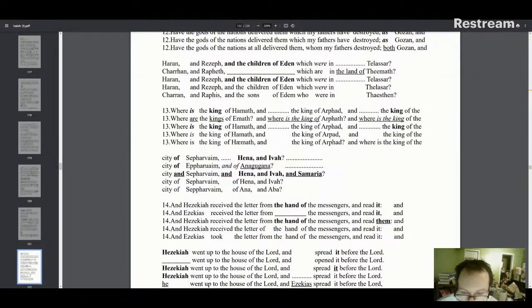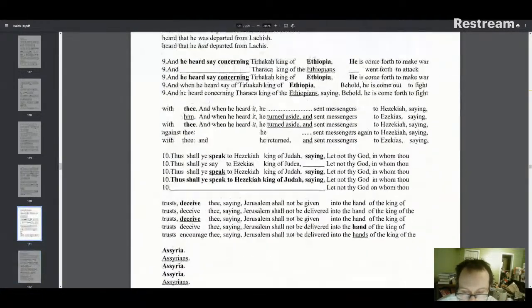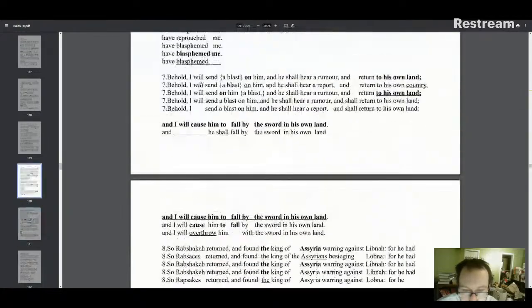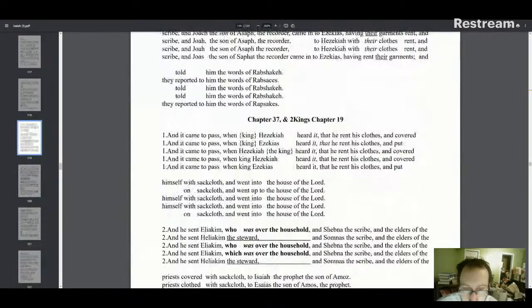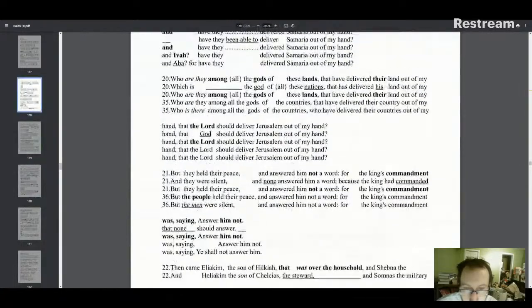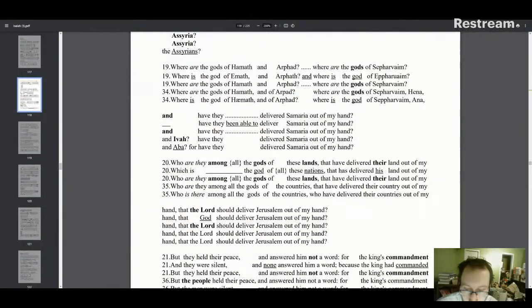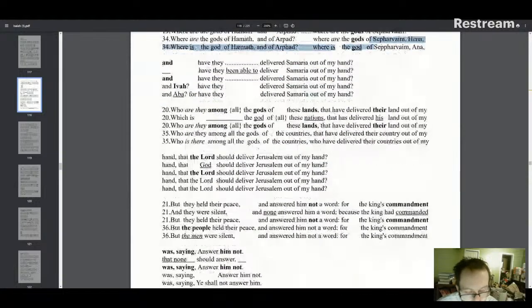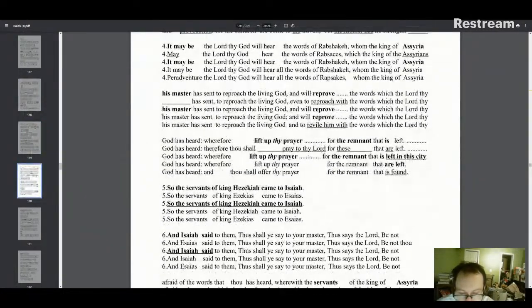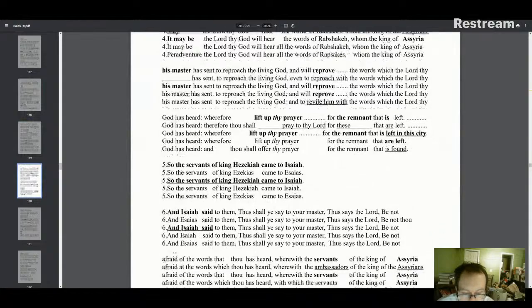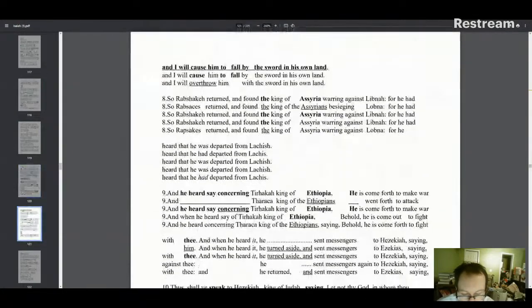Now, remember we saw earlier back here, where was it? Where it said the names. Right here, the names. So Sepharvaim, Hena, and Ivah. That's not in Isaiah, but it's in 2 Kings. Well, down here, we see that it's in both Isaiah and in 2 Kings.